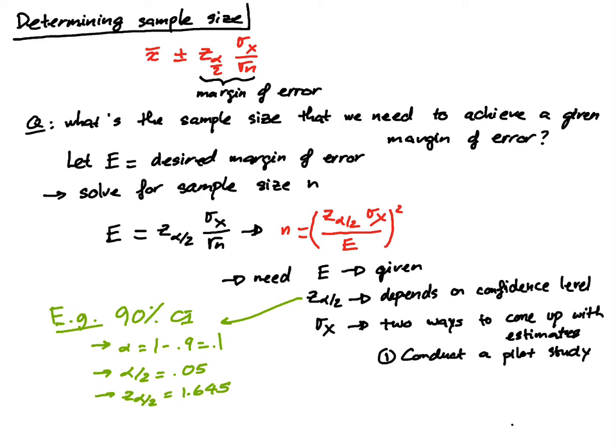The second way people come up with an estimate for sigma x is to use a comparable study.